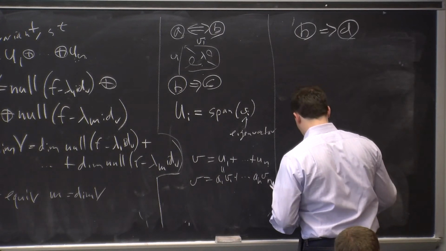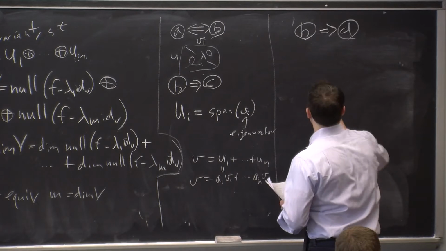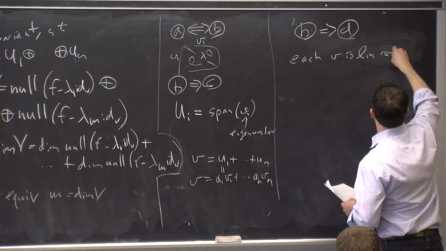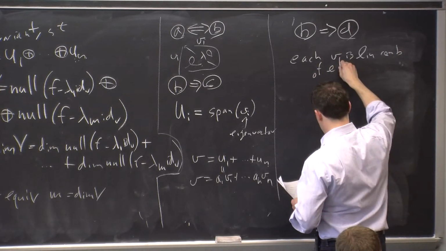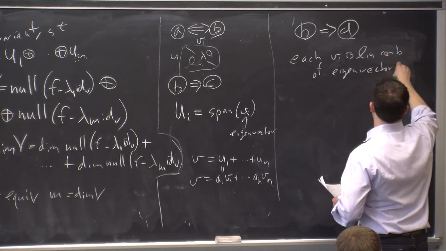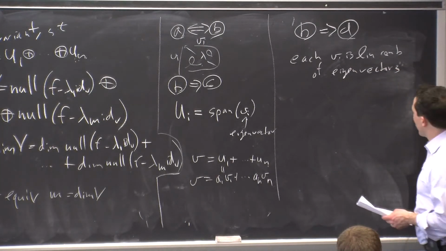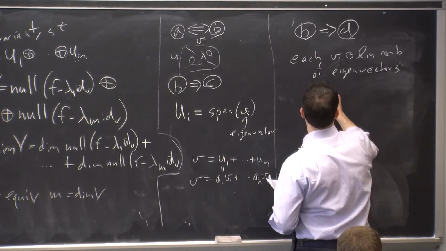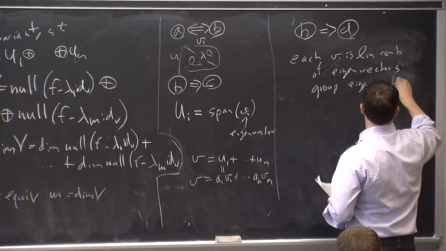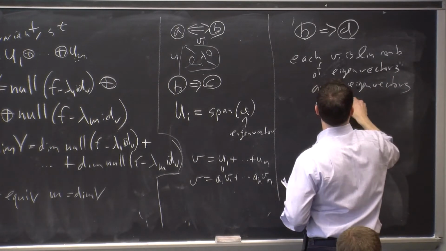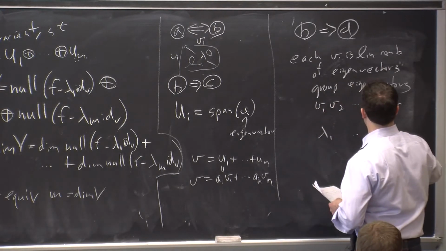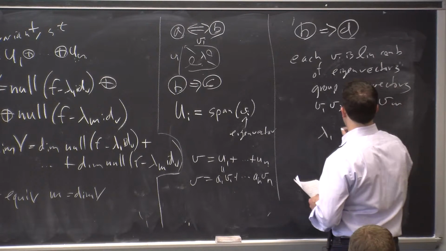So, each v is a linear combination of eigenvectors, because these are the basis, since we have a basis consisting of eigenvectors, and we can group the eigenvectors v1, v2, which are also basis elements, by which lambda they go to.